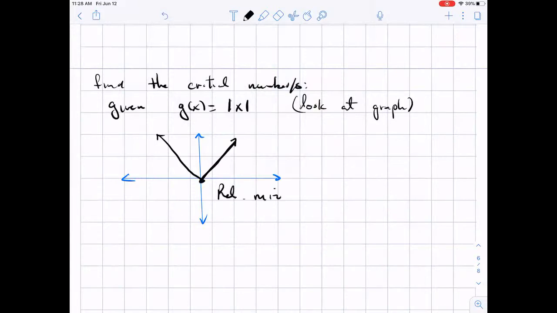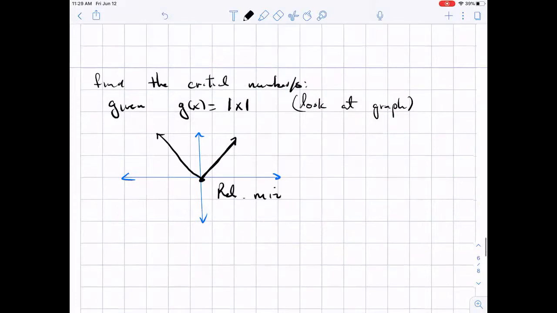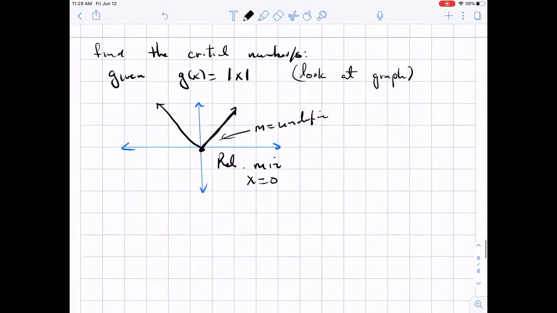okay? And because there is a relative min, there will be a critical number, although m is undefined, right? M is undefined. So relative min at x equals 0. Now, is that a critical number?